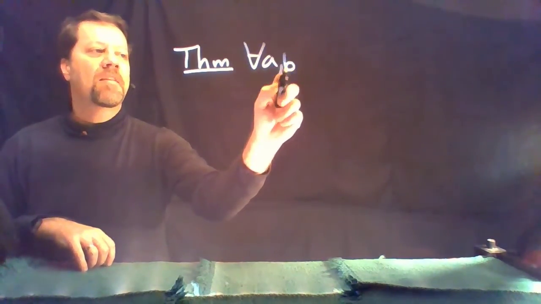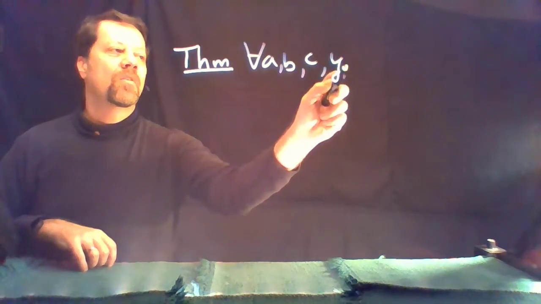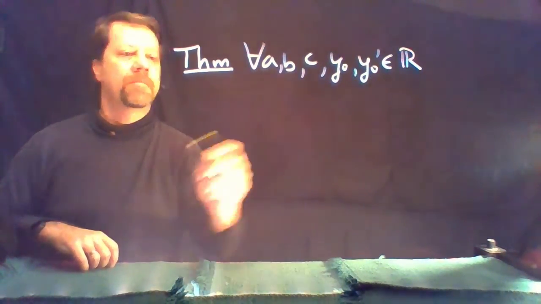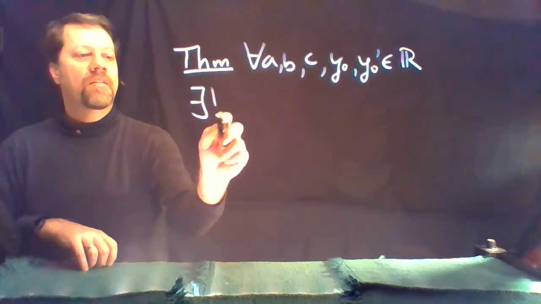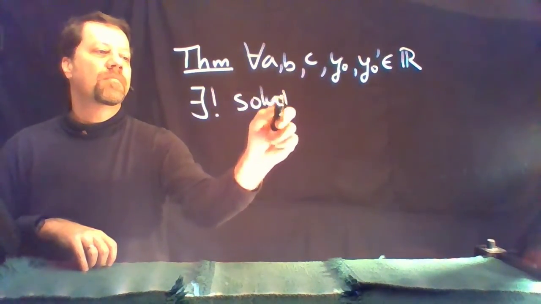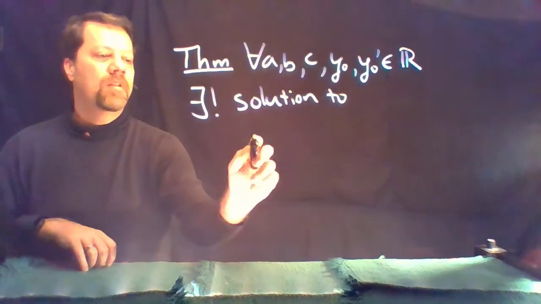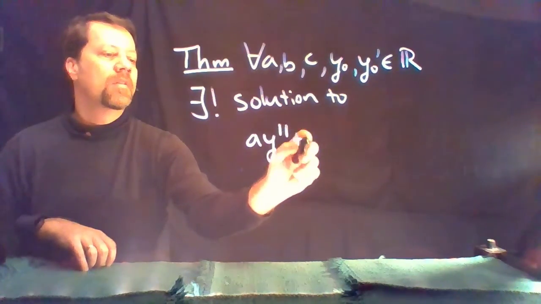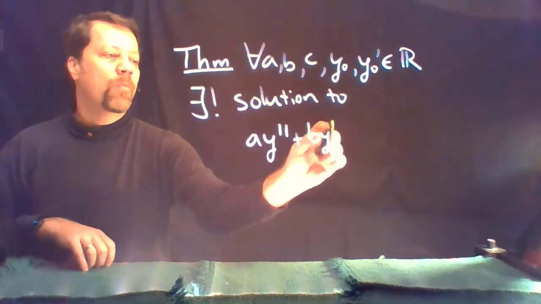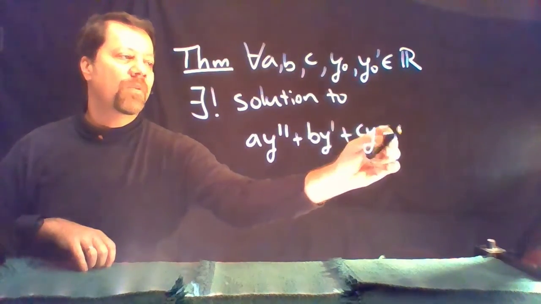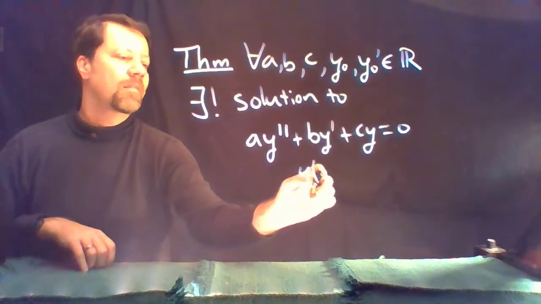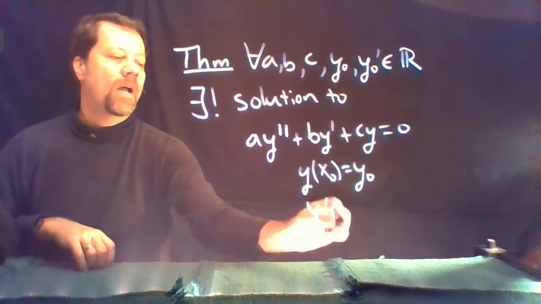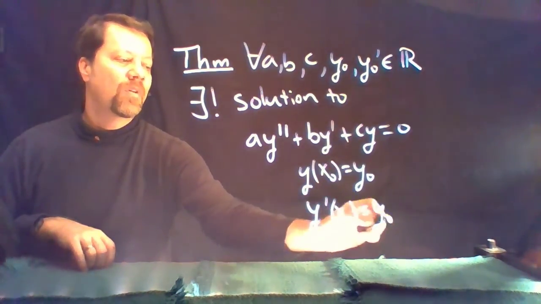For any a, b, c, y naught and y naught prime that are real numbers, there exists a unique solution to the initial value problem a y double prime plus b y prime plus c y equals 0, y of x naught equals y naught, y prime of x naught equals y naught prime.